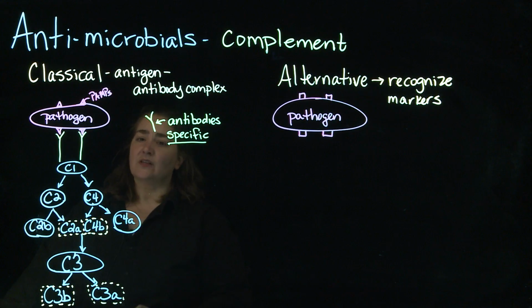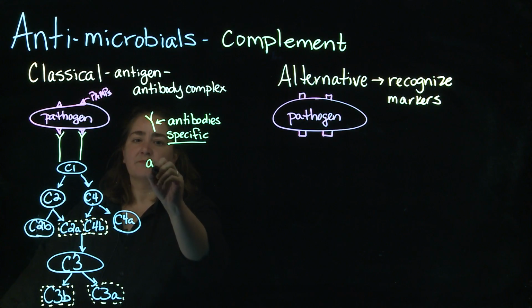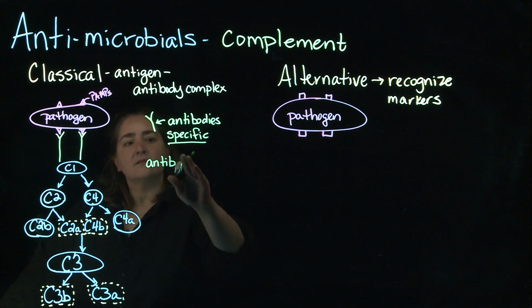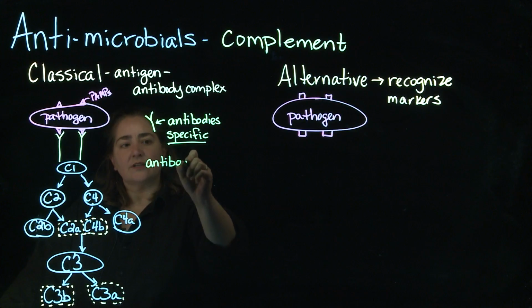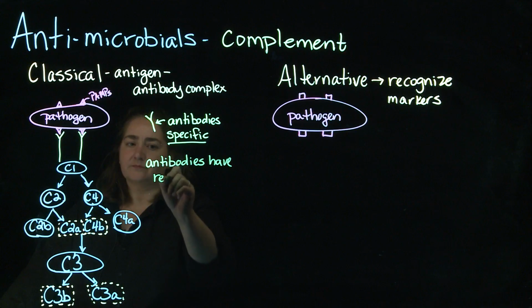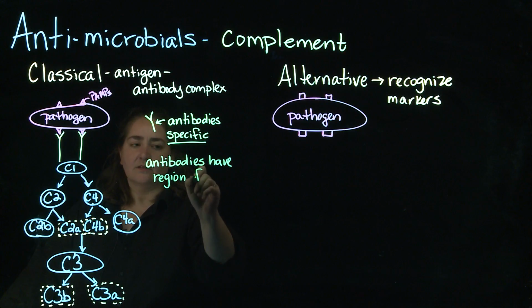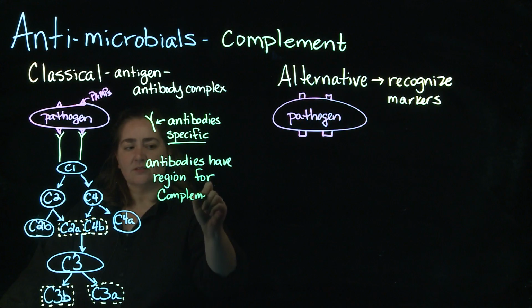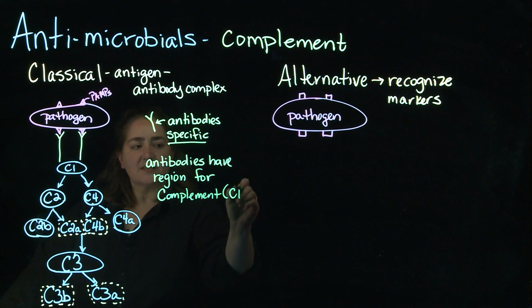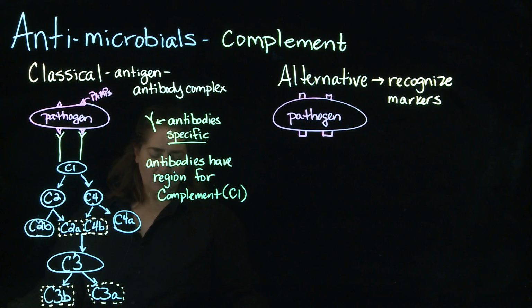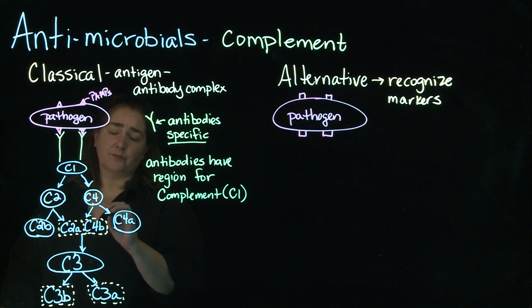Then what's going to happen, those antibodies have a region for complement to bind, specifically C1. So in this case, complement protein 1 binds to our antibody.